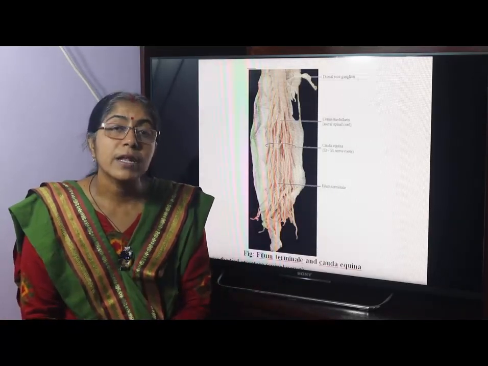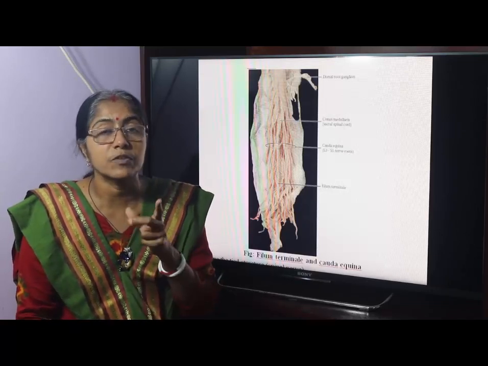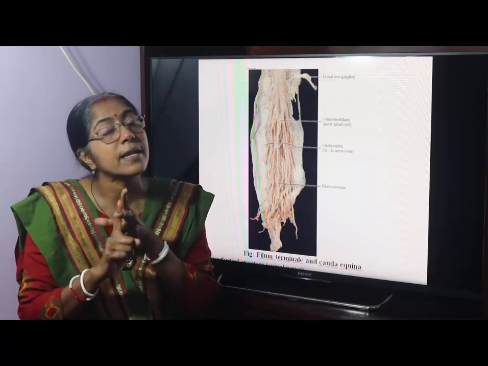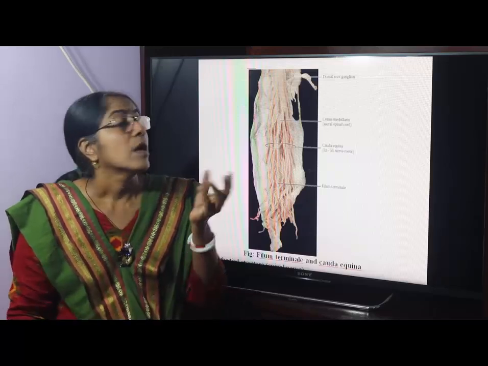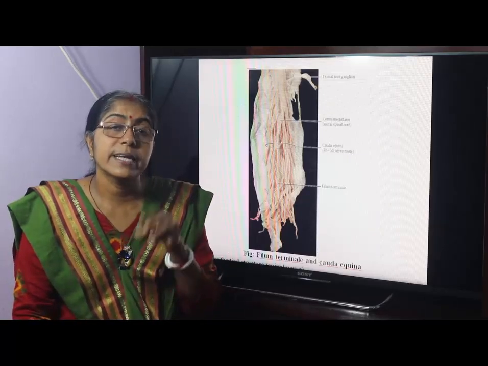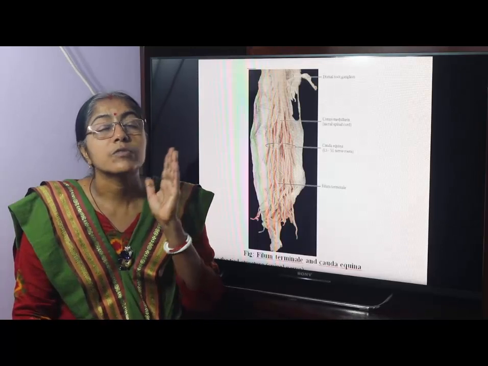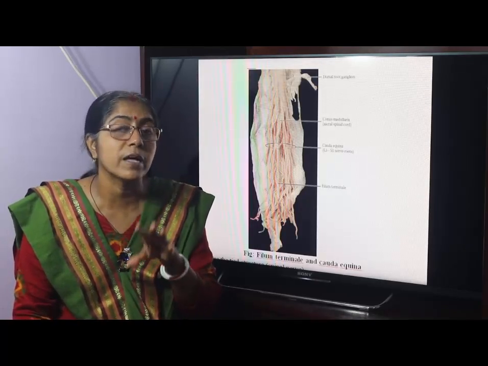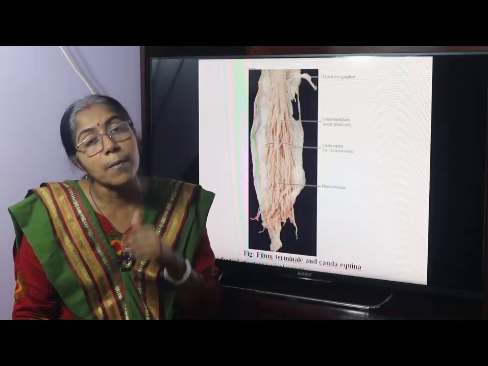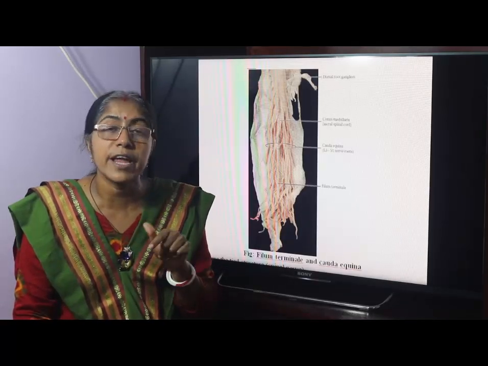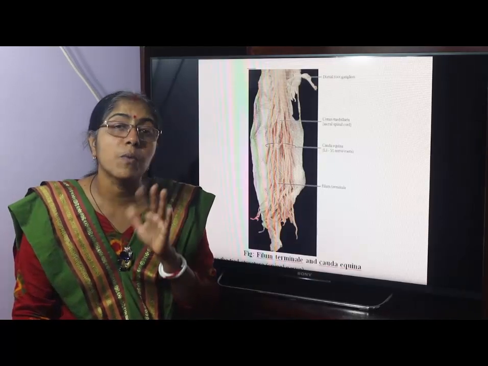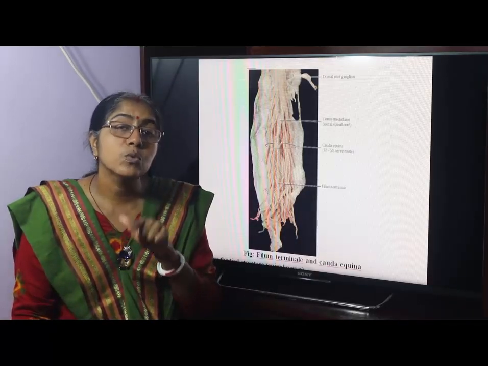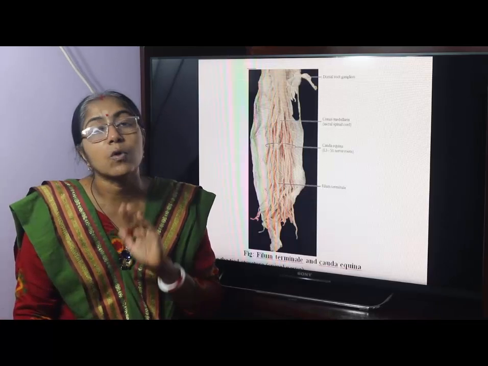We know the spinal cord shows two enlargements: cervical enlargement and lumbosacral enlargement. The cervical enlargement extends from the fourth cervical to the first thoracic segment of the spinal cord, and the lumbosacral enlargement extends from lumbar 1 to sacral 2 segment of the spinal cord.